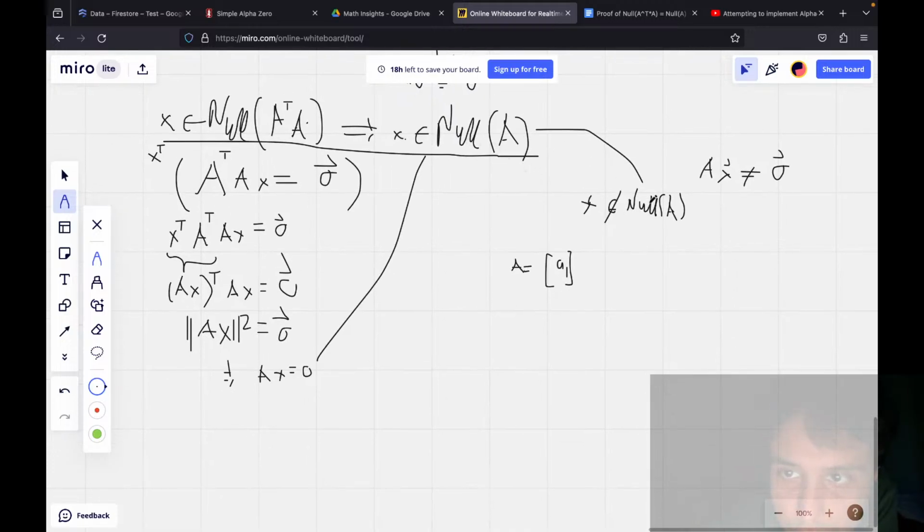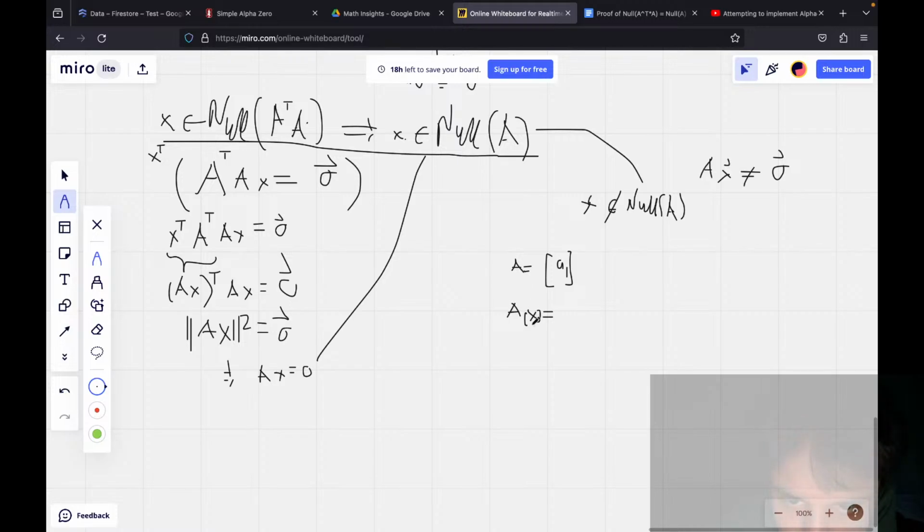Then what is A of x? Then x would have to be a 1 by 1 number. It's actually kind of a scalar, but a 1 by 1 vector, a 1 by 1 matrix.